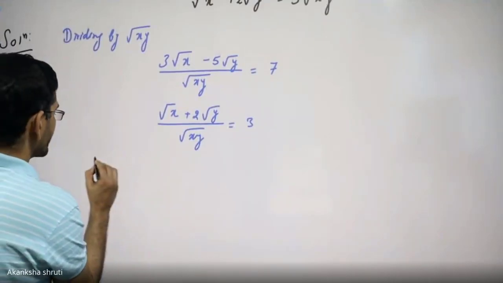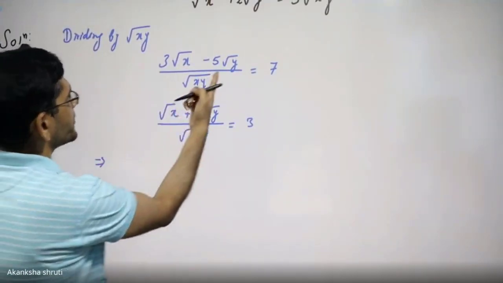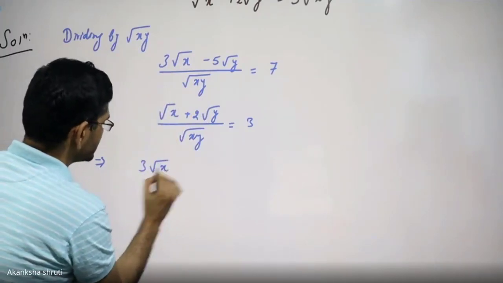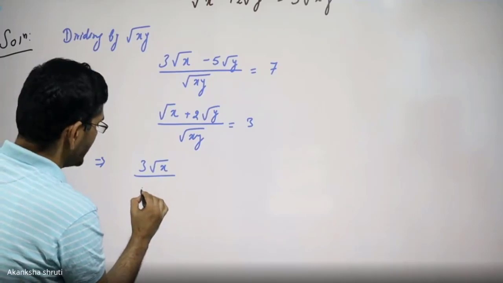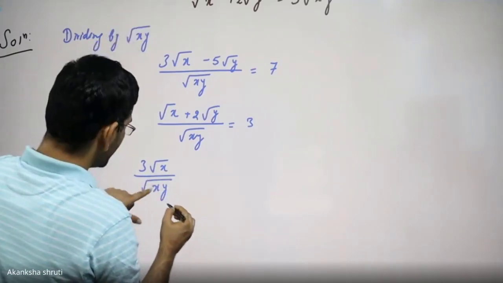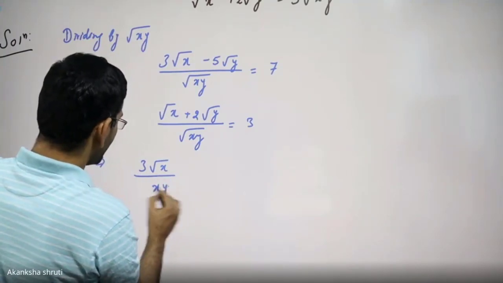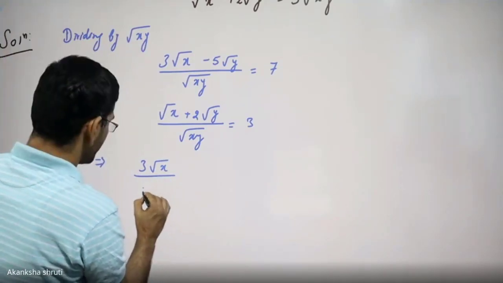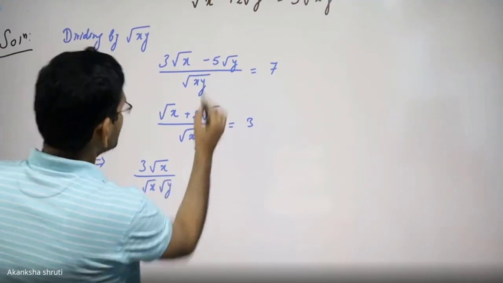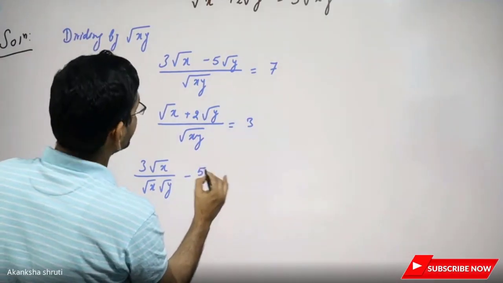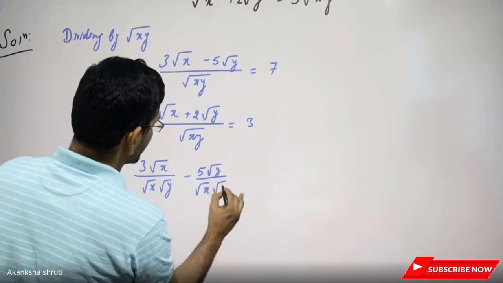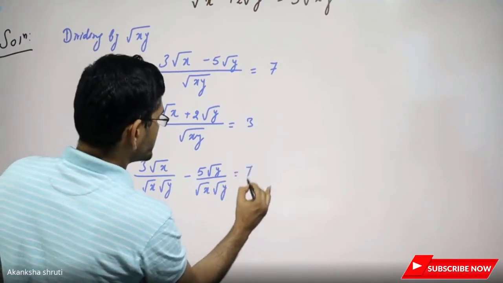Further, we have to apply the distributive property. So it becomes 3 root x, the denominator is under root xy. Keep in mind, student, this under root xy means it is product of under root x and under root y minus 5 root y divided by again under root x under root y is equals to 7.